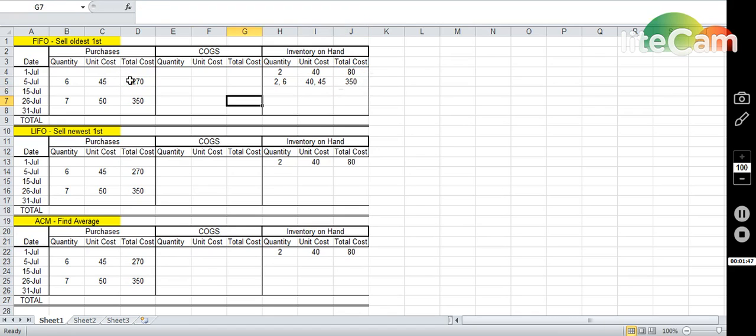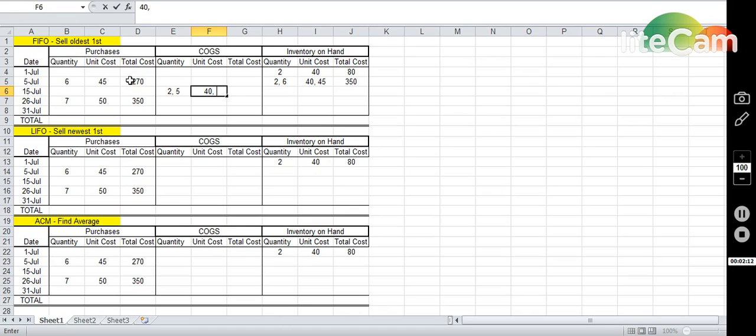Here on the 15th, let's sell 7 units. So what 7 will I sell? Well, I have 8, and I'll sell 7 of those. So I want to sell my oldest first. So the older ones are the 2 for $40, and then I'll need to take 5 for $45.